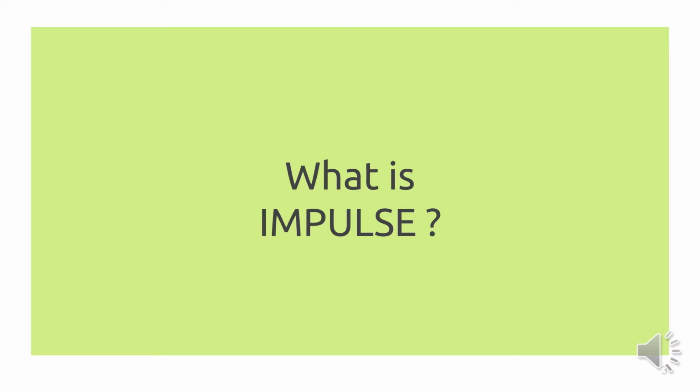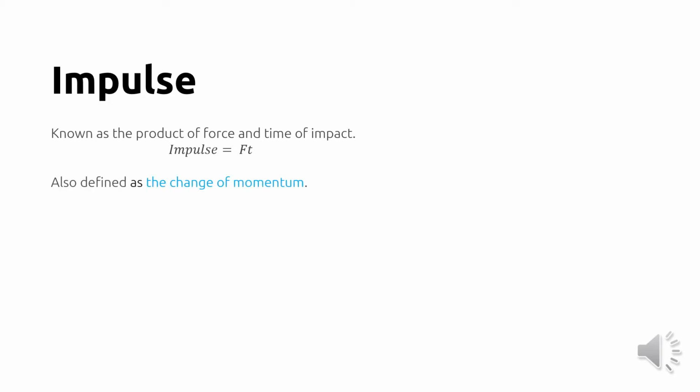What is impulse? Impulse is known as the product of force and time of impact, which means impulse is equivalent to F times t. In other words, impulse is also defined as the change of momentum. Do you still remember what momentum is?